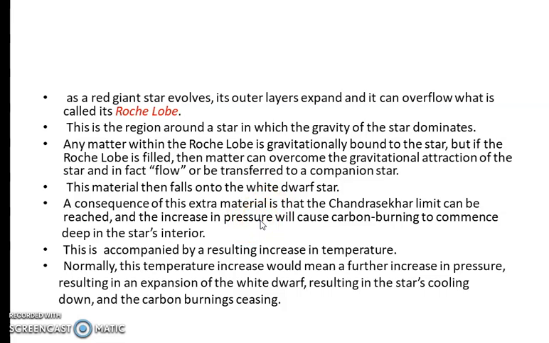അപ്പോൾ Chandrasekhar limit reach ചെയ്ത് കഴിഞ്ഞാൽ there will be an increase in pressure that will cause carbon burning to commence deep in the star's interior. Chandrasekhar ലിമിറ്റ് താഴെയാണ് നമുക്കറിയാം വൈറ്റ് ഡ്വാർഫ് ആയിട്ട് എക്സിസ്റ്റ് ചെയ്യുന്നത്. അതിൽ ഹൈഡ്രജൻ ഹീലിയം ബേണിംഗ് ഉള്ളു. ചന്ദ്രശേഖർ ലിമിറ്റ് ക്രോസ് ചെയ്ത് കഴിഞ്ഞാൽ കാർബൺ ബേണിംഗ് ഉണ്ടാകും.